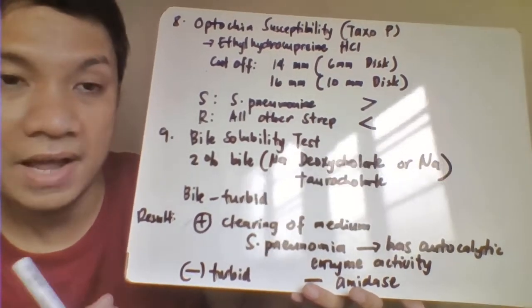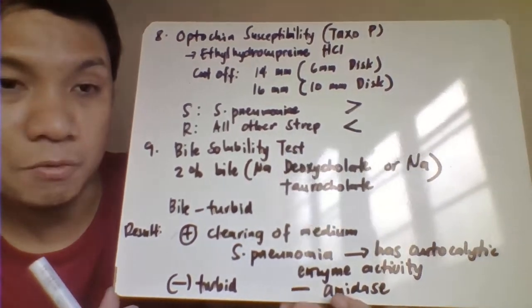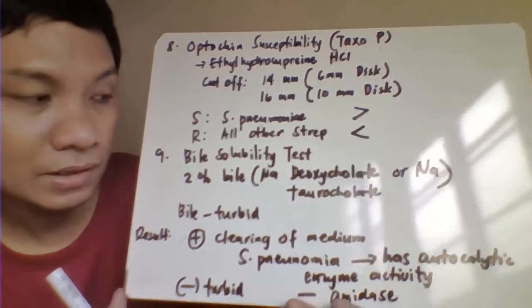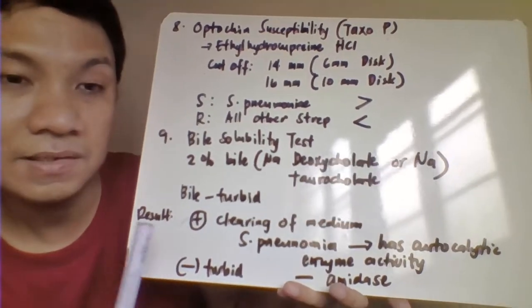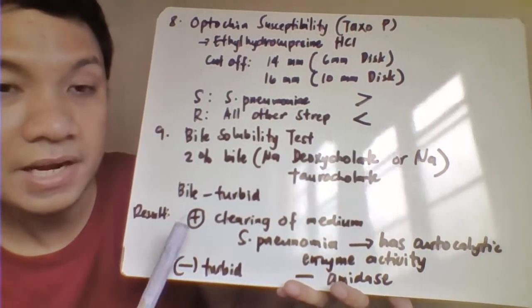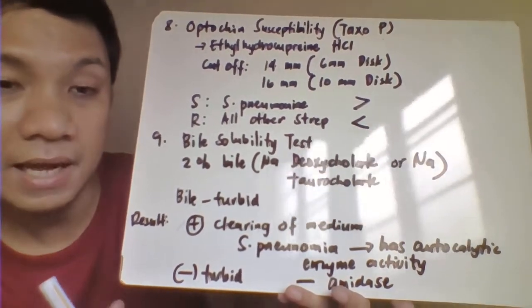Another one identifying your Strep pneumoniae is the bile solubility test, with the use of 2% bile in the form of sodium taurocholate or sodium deoxycholate. Your bile is originally a turbid solution. However, your Strep pneumoniae has autocatalytic activity.